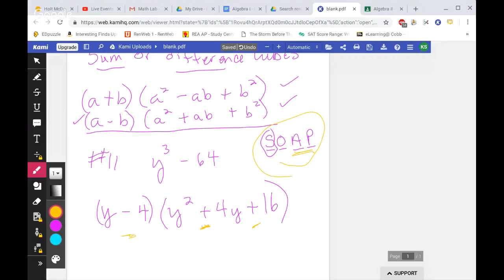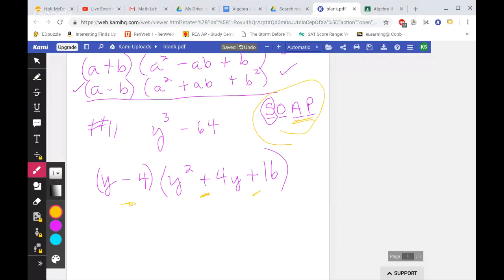So I use the acronym SOAP, same, opposite, always positive, to memorize my difference of cubes. And then the second part is always the cube roots multiplied together. The cube root of 64 is 4, and the cube root of y cubed is y.